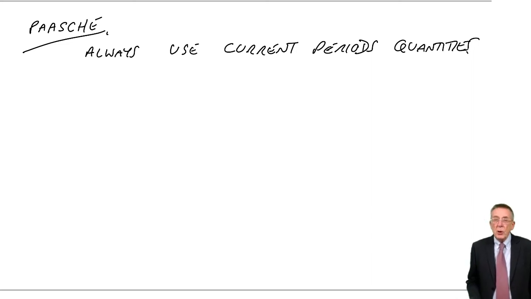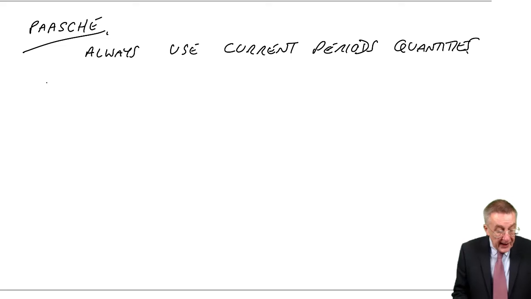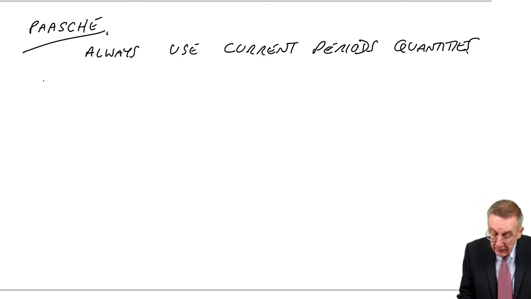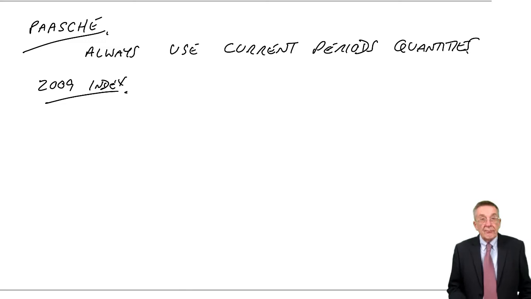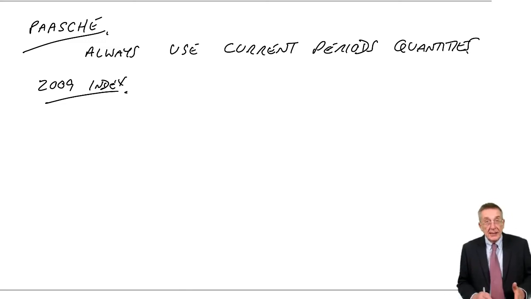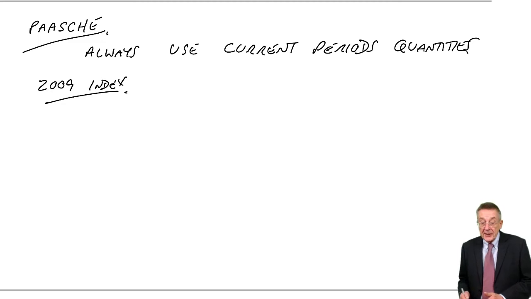Well, complicated is the wrong word, but we have to be a little bit more careful, because our base is 2008. When we're working out the 2009 index, we compare the 2009 quantities at the base period's prices and at 2009's prices.